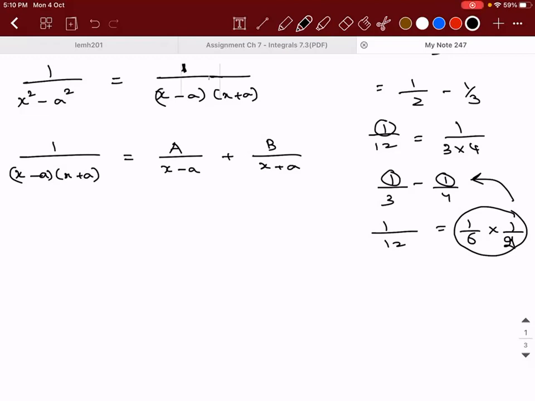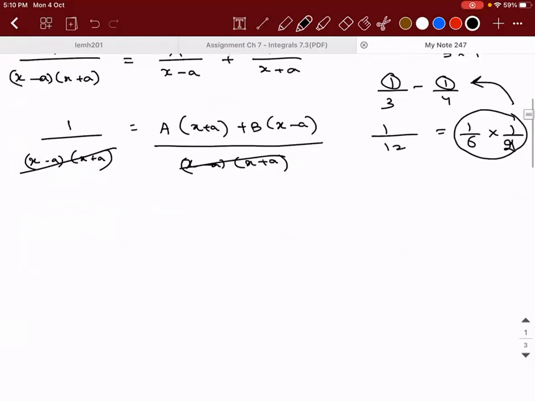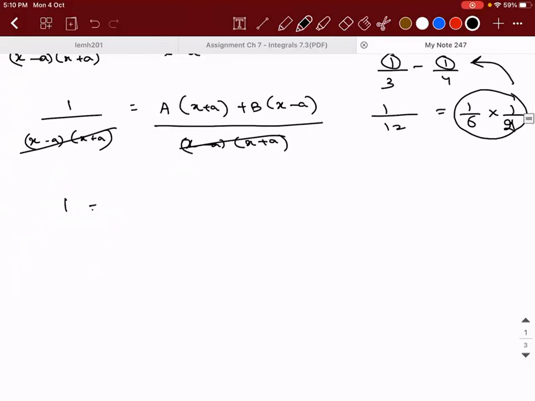Now, if I take LCM on the right hand side, capital A into x plus a plus capital B into x minus a, the whole divided by x minus a into x plus a is 1 divided by x minus a into x plus a. This and this will get cancelled. 1 is equal to A plus B into x plus small a into A minus B. Correct?